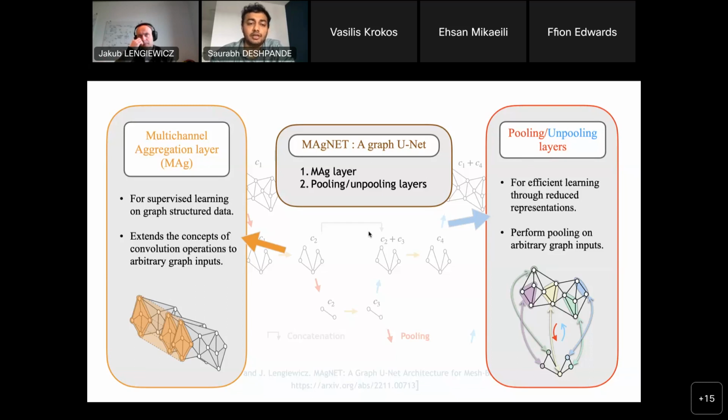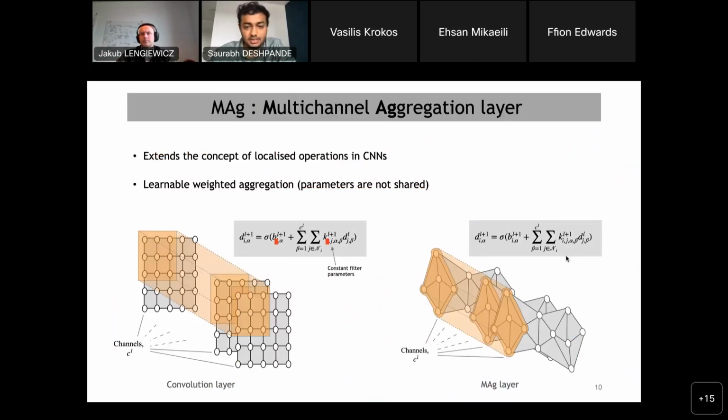So you can find the relationship between input and output using the MAG layer. We are extending the concept of channels in CNNs to arbitrary inputs. The second operation is pooling and unpooling, which allow you to learn efficiently through a reduced representation of the input arbitrary graphs. Let's get into the details of each.